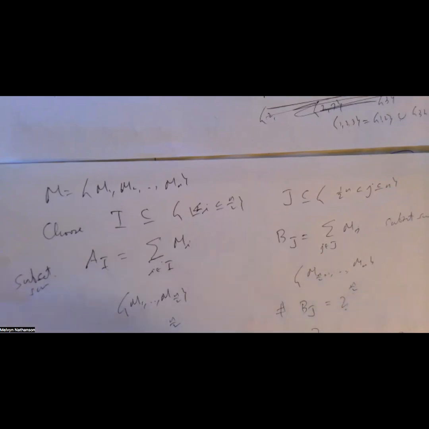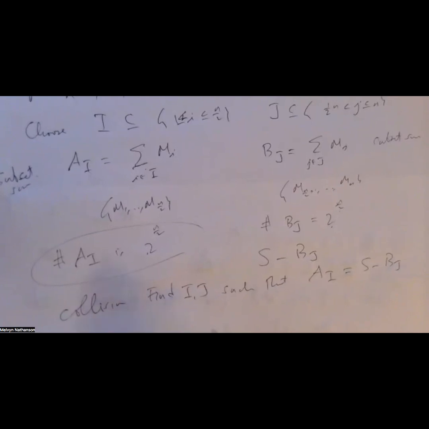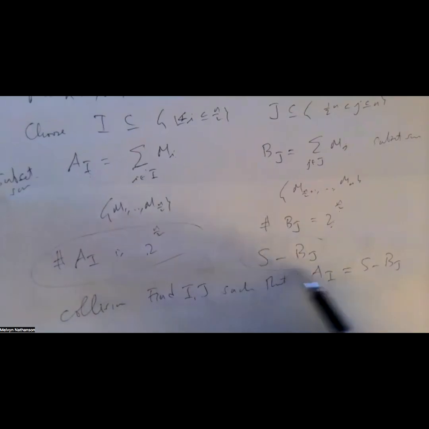minus b_j. So I have all of these numbers. How do you know that an identical number is there or not? Because I know there's going to be an identical number because my number s is a subset sum. So it is a sum of elements of m. So it's a sum of elements in the first half of m plus elements in the second half of m.